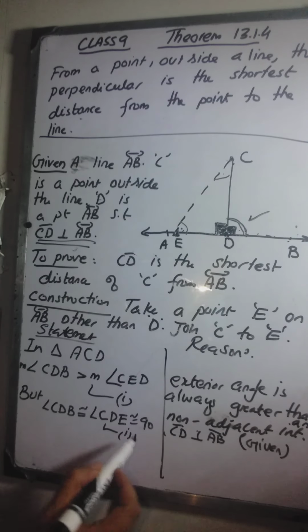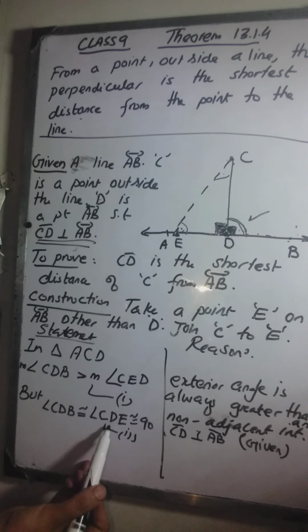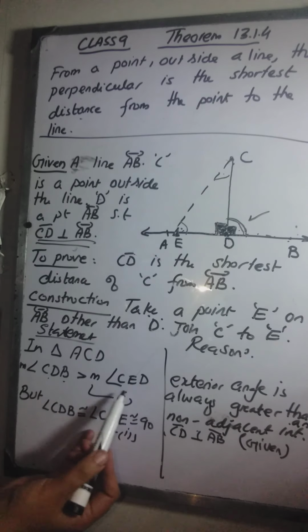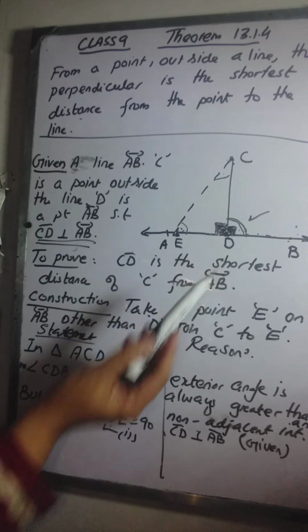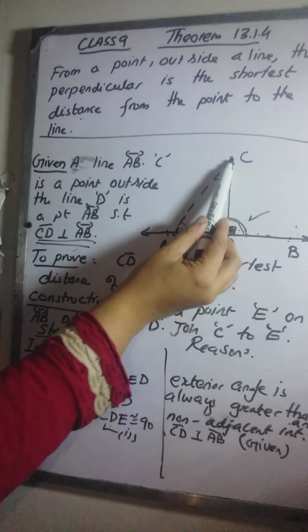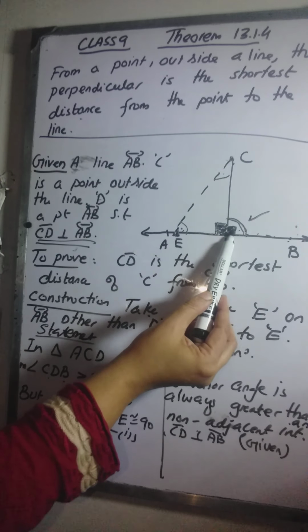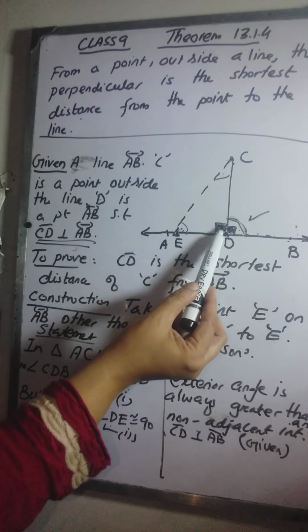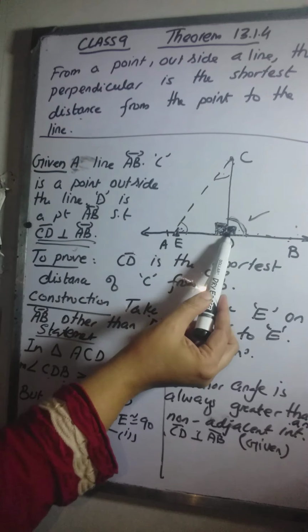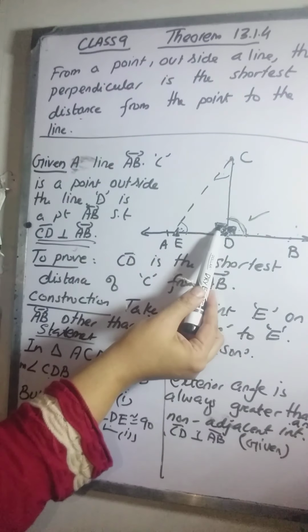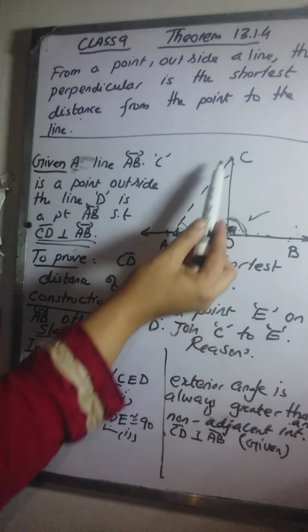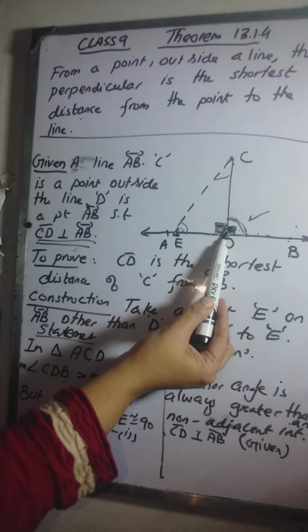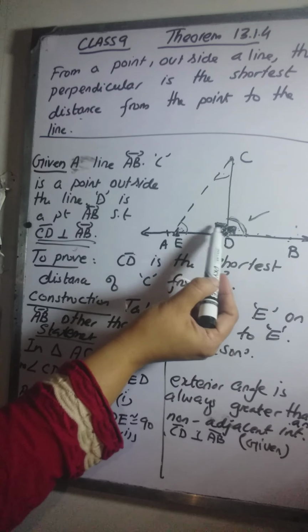So if you look at the two equations, CDB is congruent to CDE and CDB is greater than CED. Okay, CDB and CDE both are congruent. This angle is greater than this angle, so the angle inside the triangle, the angle CDE, will also be greater than angle CED, because these two angles are equal.